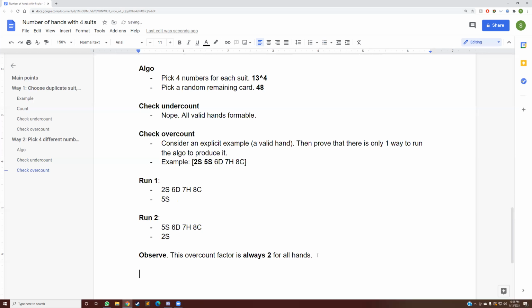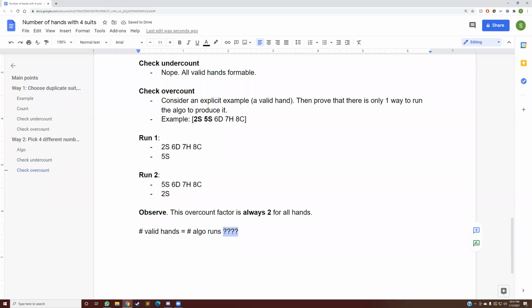All right. So to come up with the valid solution, is the number of valid hands equal to the number of valid algorithm runs? Are these two the same thing? Well, no. I'm sorry, I just introduced the terms without explaining them. But if I introduce the math notation, you would understand.